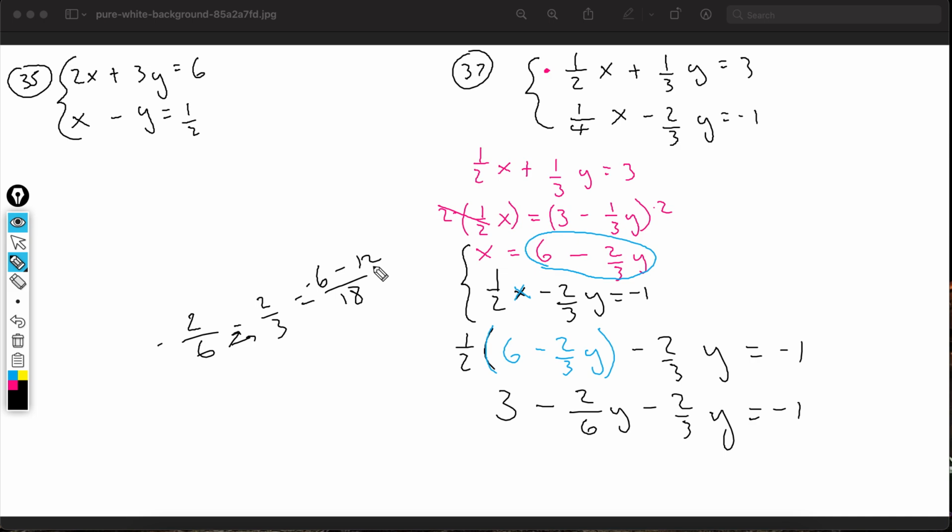Everything's negative. So what's negative 6 minus 12? -18, yes, over 18. So that's what these two equal. It's going to be 3 minus, basically 1 y, or just a y, equals -1. So what can we do from here?